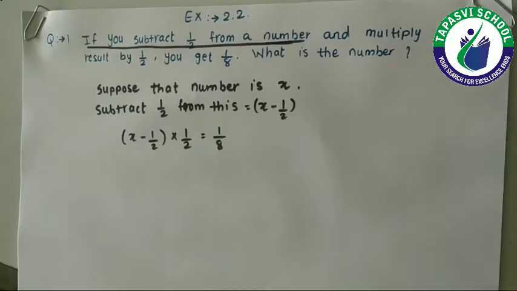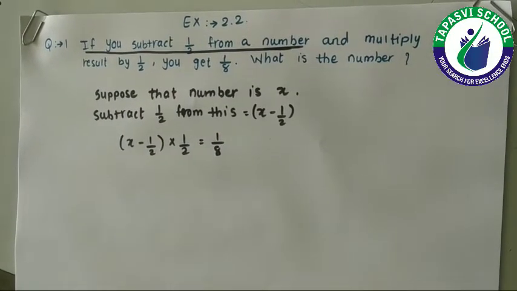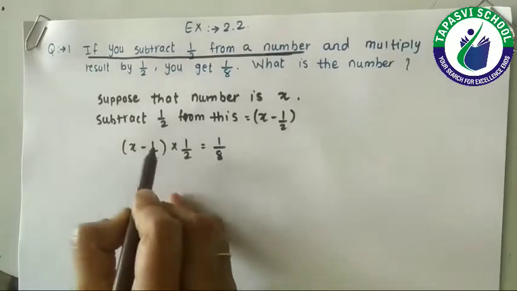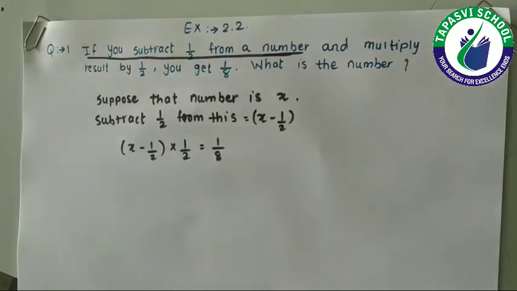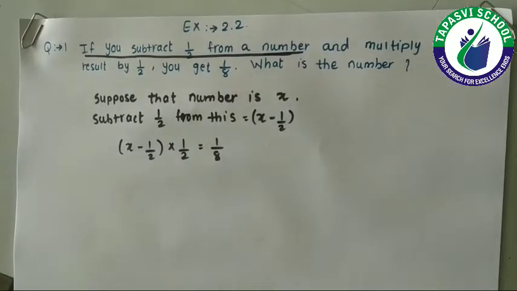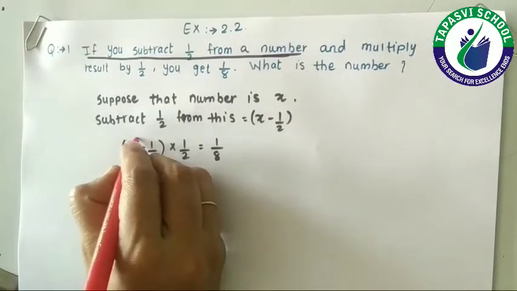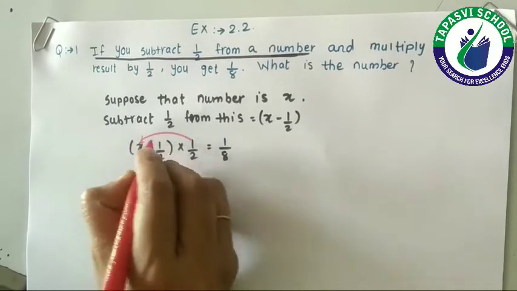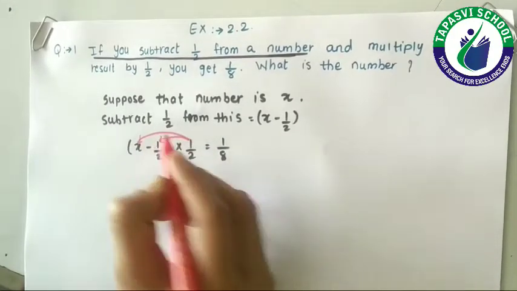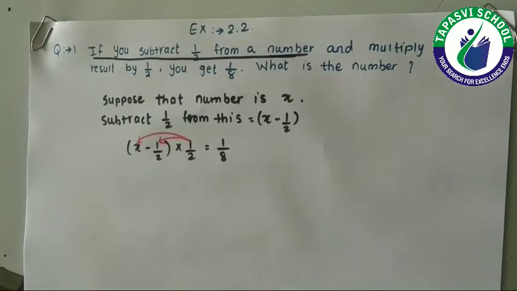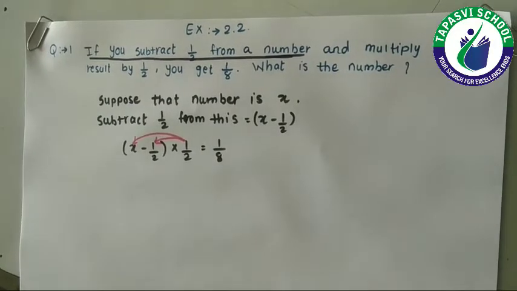Now students, this is the mathematical representation of this data. To simplify this sum, here we will do monomial to binomial multiplication, which we have learned in our factorization chapter.